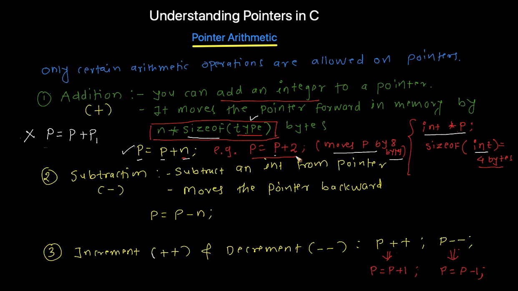If n is equal to 3, p will move forward by 3 into 4, 12 bytes. If n is equal to, let's say, 10, p will move forward by 10 into 4, which is 40 bytes. Okay, so let's see an example of this.